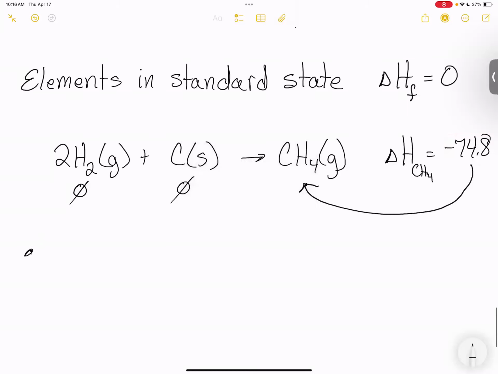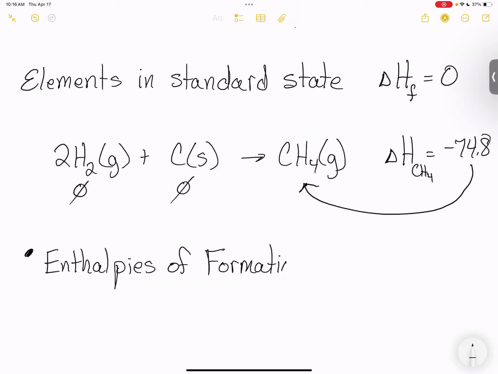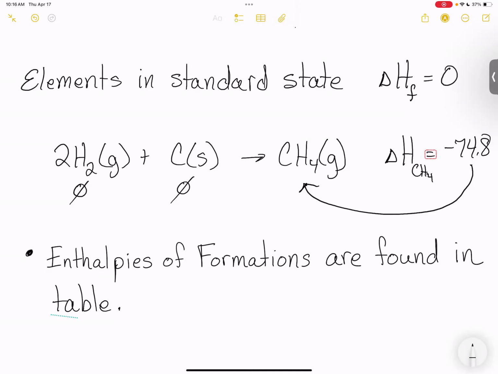You can look up these enthalpies of formation in a table. We can get pretty much a ton of different things formed.